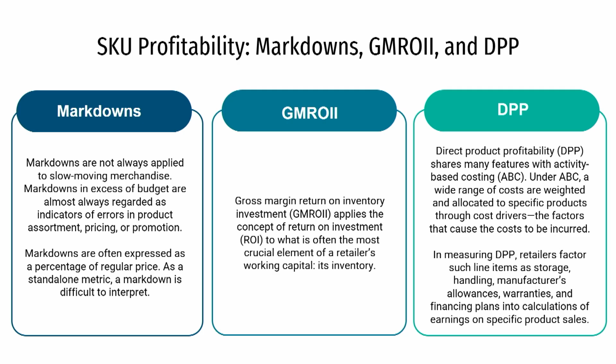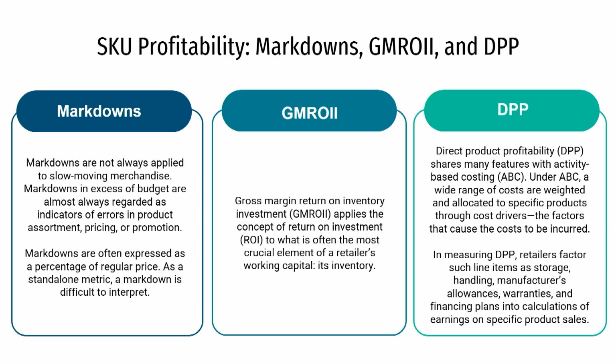Markdowns are often expressed as a percentage of regular price. As a standalone metric, a markdown is difficult to interpret. So, that is why we will need more information, we have to get more insights before interpreting the markdown. Otherwise, as a standalone metric, it cannot set the context.